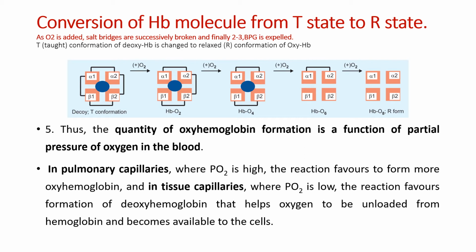Okay. In pulmonary capillaries, where partial pressure of oxygen is high, the reaction favors forming more oxyhemoglobin. And in tissue capillaries, where PO2 is low, the reaction favors formation of deoxyhemoglobin, which helps oxygen to be unloaded from the hemoglobin and become available to the cells.